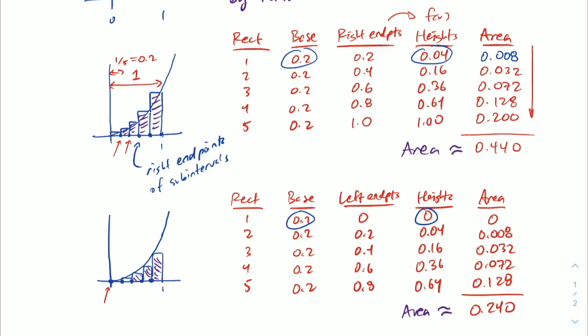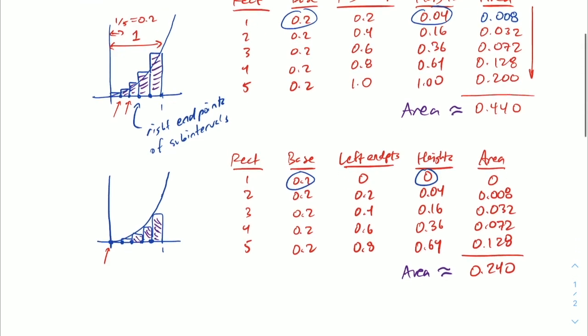Somewhere between these two values is the correct area, because the second value is an underestimate, and the first value is an overestimate. If you wanted to get a really accurate estimate, you could take the average.